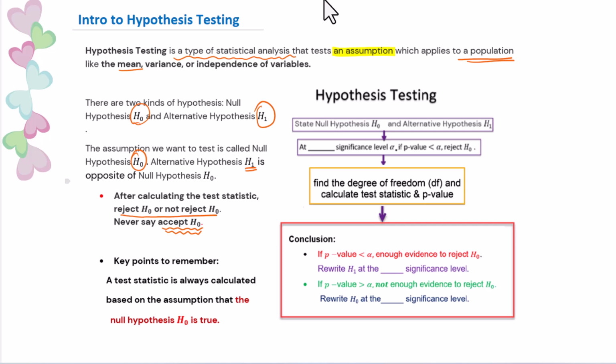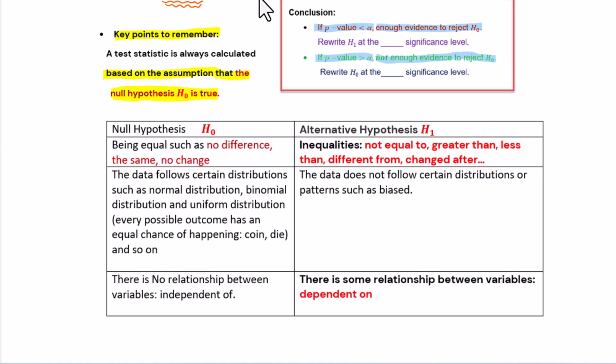Key points to remember: a test statistic is always calculated based on the assumption that the null hypothesis H0 is true. Let's talk about H0 and H1.